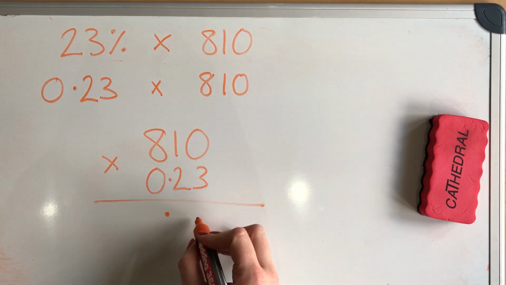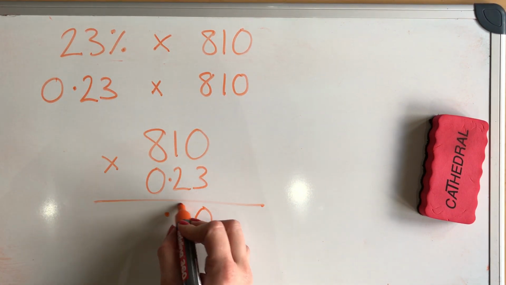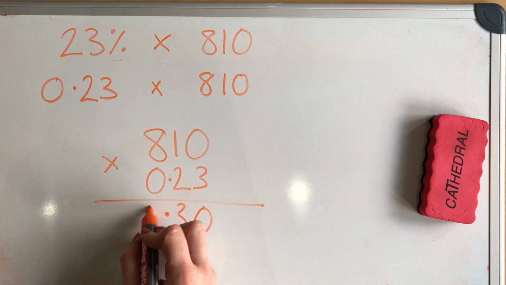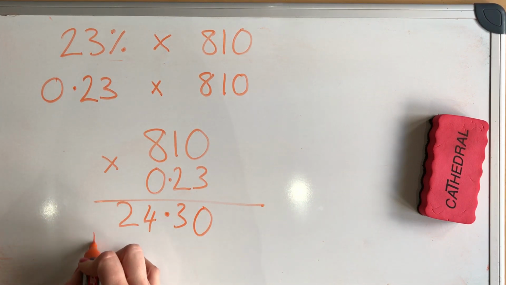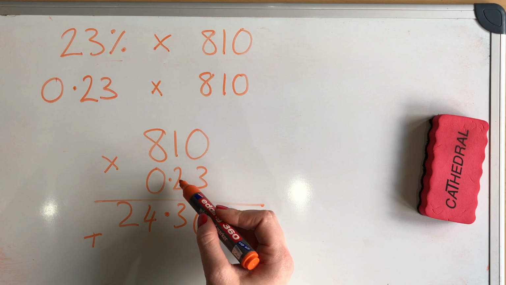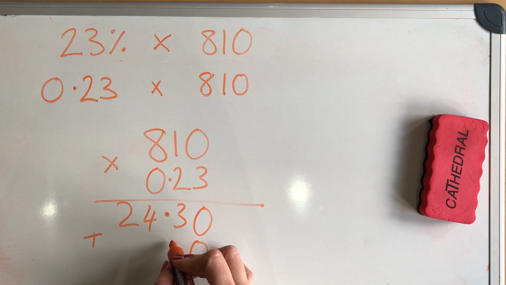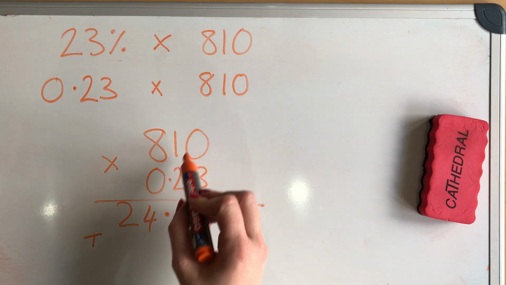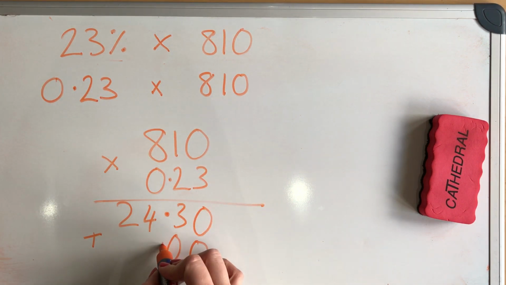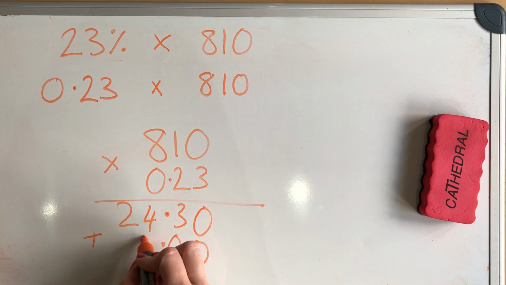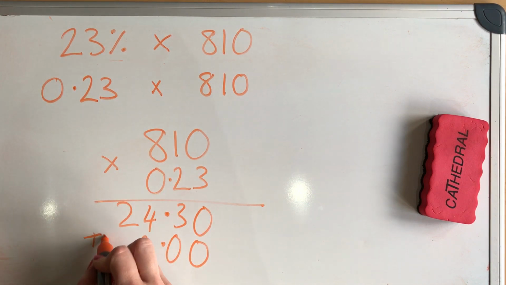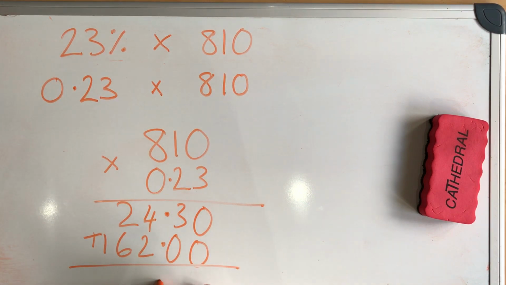3 multiplied by 0 is 0. That's 3, 8, 16, 24. And then 2 multiplied by 0 is going to give me 0. 2 multiplied by 0 is going to give me 0. 2 multiplied by 1 will give me 2. And 2 multiplied by 8 will give me 16.